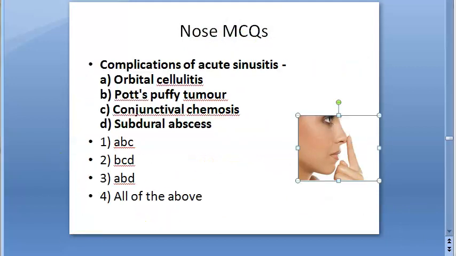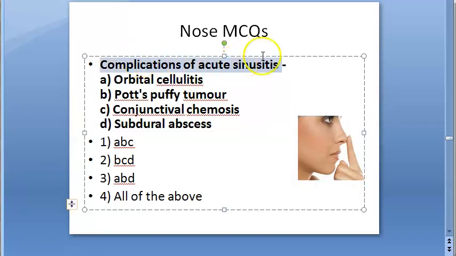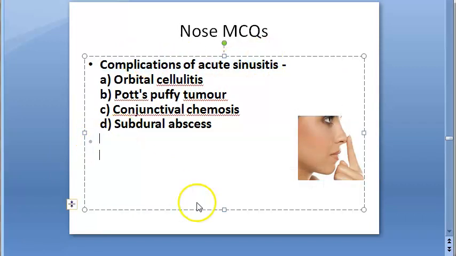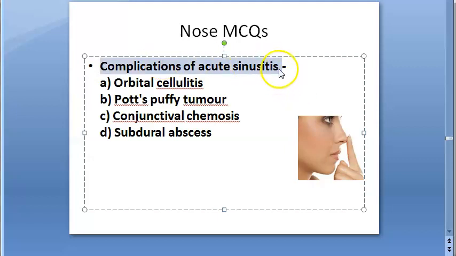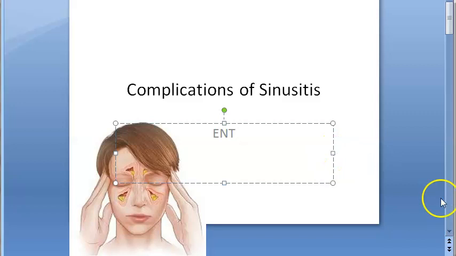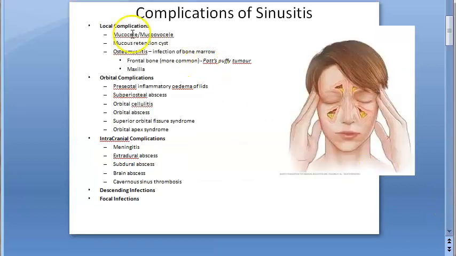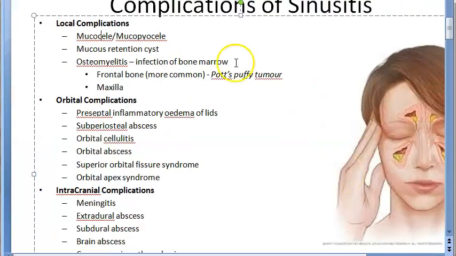Okay, look at this one. This is a very irritating question. Just leave this part and say complications of acute sinusitis are, I think they just try to complicate the whole thing: orbital cellulitis, Pott's puffy tumor, conjunctival chemosis, subdural abscess. If you remember, in our video on complications of sinusitis, we have seen all these terminologies: Pott's puffy tumor, orbital cellulitis, subdural abscess.